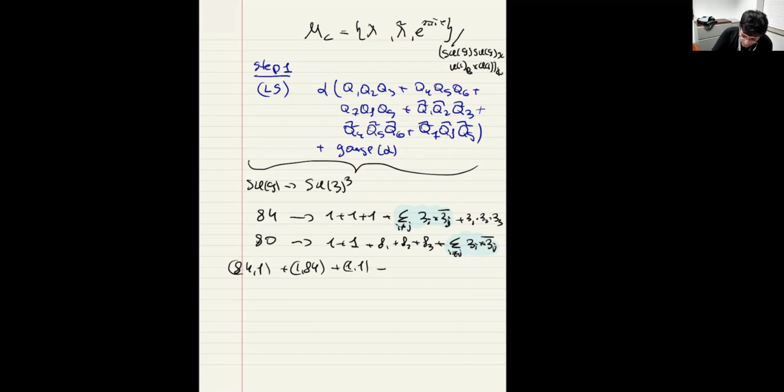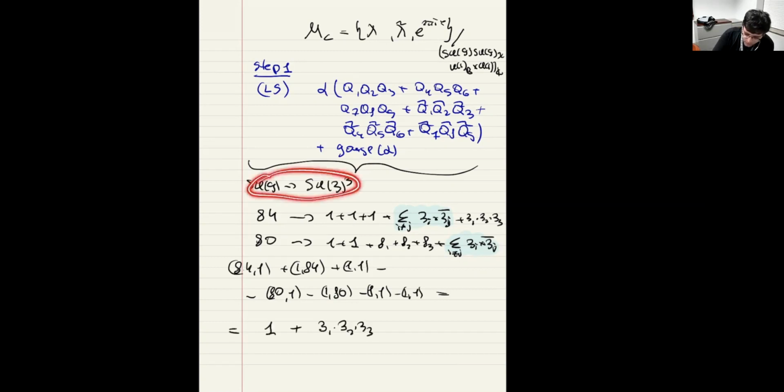If we subtract from it the conserved currents that we have coming from the SU9 times SU9 times the 2 U1s, so we have 81 minus 1, 80 minus 1, 1 minus 1. If you do this computation, you find that the result is that we have 1 plus (3_1, 3_2, 3_3). These are the 3 SU3s coming from one SU9.